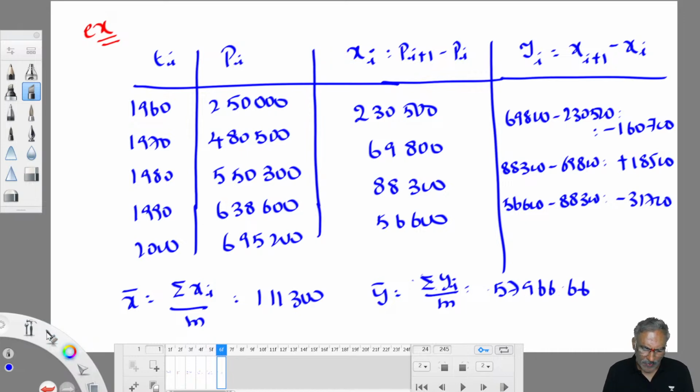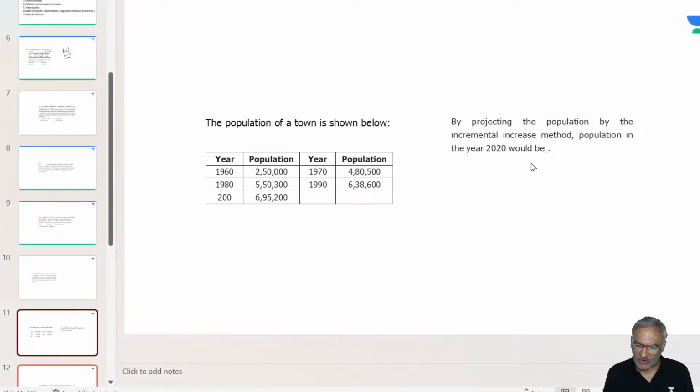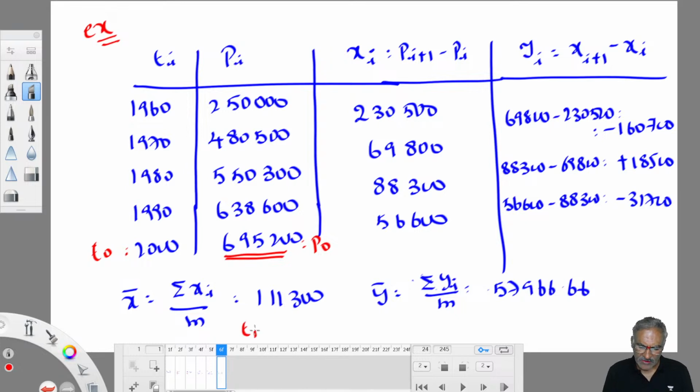What is P naught? Among all these values, whichever is latest, that is taken as P naught. So this is P naught, then this becomes T naught. So how many decades are separated? You have been asked to find out the population in the year 2020. So Tn is equal to 2020.